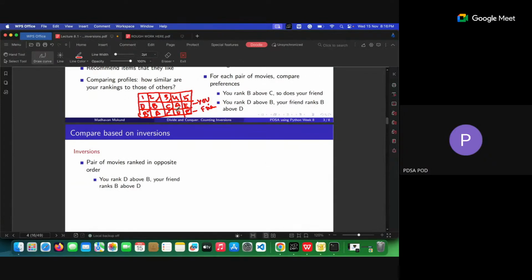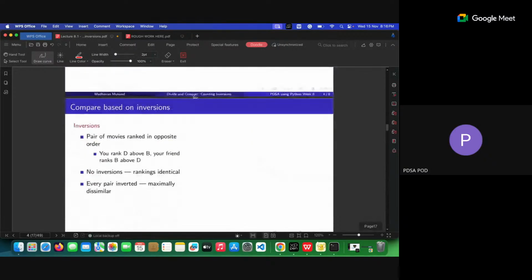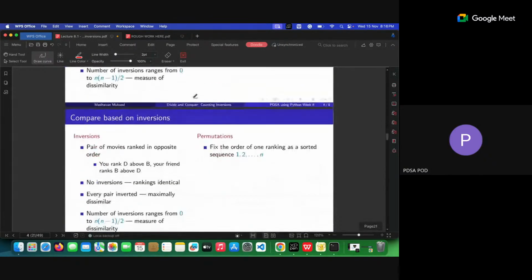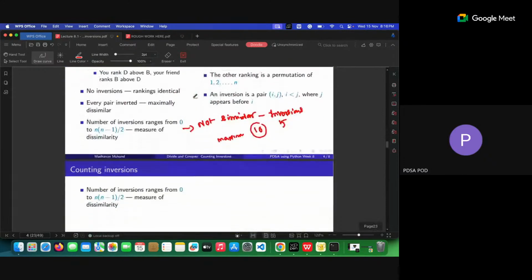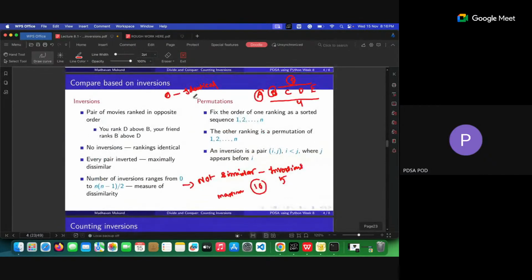We don't want to check inversions in this, because right now I want to check the recommender system for our particular account, so I don't want to change it. D is 1, B is 2, C is 3, 4 is for A and 5 is for E. That is constant, and we check the inversions in your friend's ranking. Fix the order of one ranking as sorted, as it is.